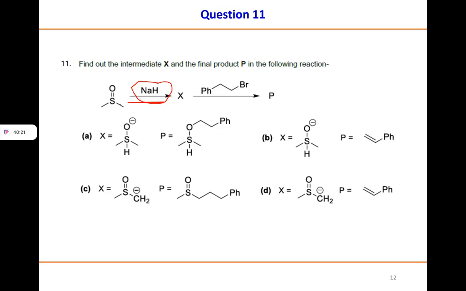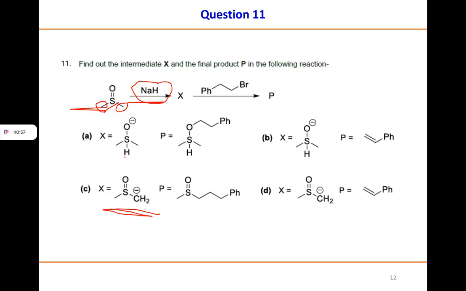So in this case, from where can we abstract the proton? Anybody? We can abstract the proton from this methyl or this methyl. If we abstract the proton from any of the methyls, we will get this intermediate, right?